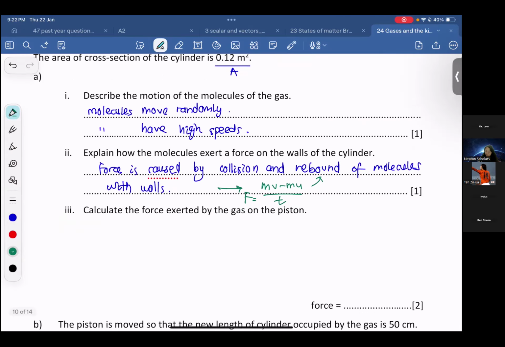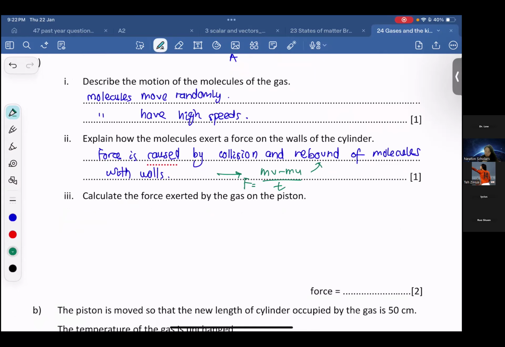Can you help me calculate the force exerted by the gas on the piston? Teacher, today we learned the formula P1V1 equals P2V2. I don't have the formula for force. In the previous lesson, we learned about pressure related to force. So what formula are you going to use for this calculation? Any idea?